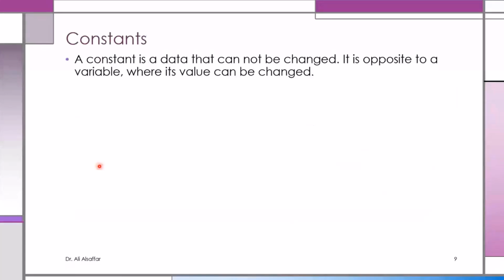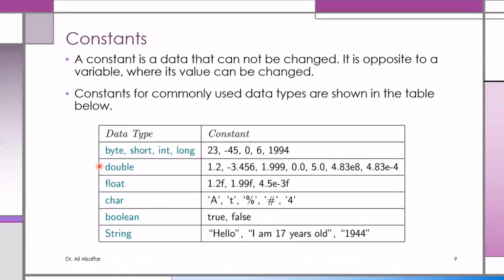A constant is a value that you cannot change. Here are some constants that are commonly used for data types. You already know about integers, float, double, char, and boolean, but look at the float. When you write the constant 1.2, the compiler will assume that this 1.2 is double.